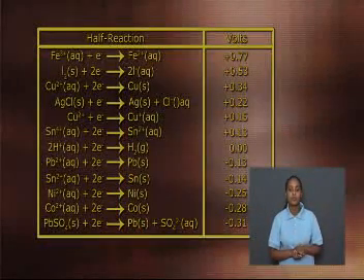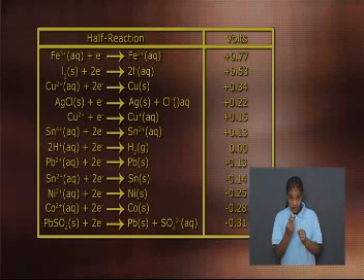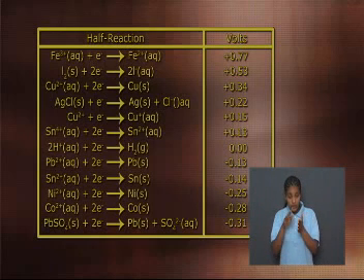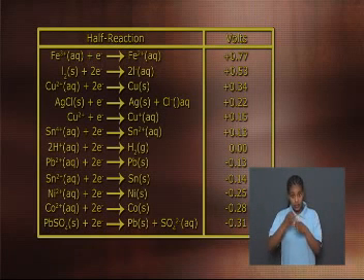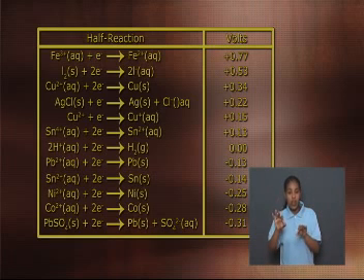Students, please look at this chart. We can see that the reduction potential of half reactions positions them on this chart as being either strong reducing agents or strong oxidizing agents.